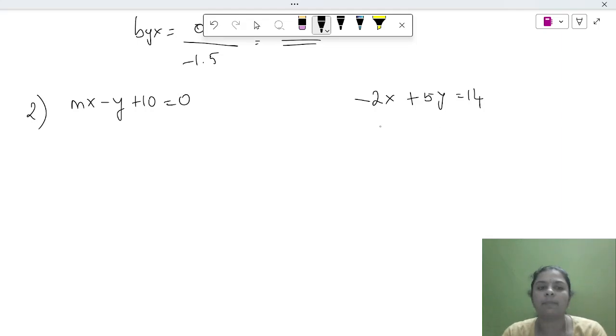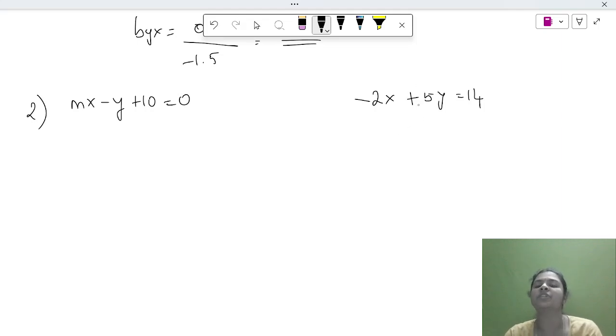Now, when it is like this, how to find out which one is x on y and which one is y on x? Always remember the shortcut. This is a shortcut and it will work in 90-95% of the cases. Whichever has the higher value. Here there is 2, here there is 5. So which value is higher? 5 is the higher value.